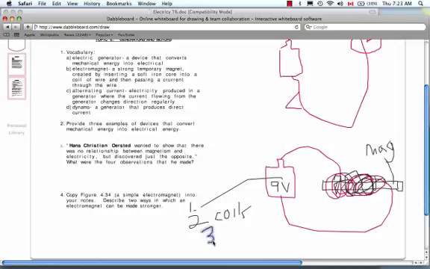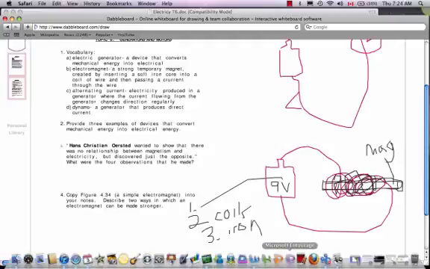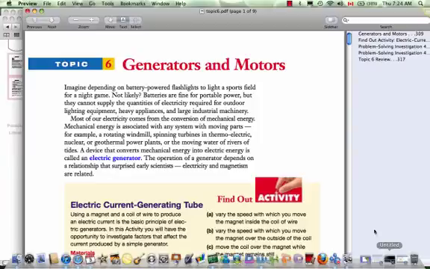And number 3, a third way we could make it stronger is all sorts of different cores work, but a small iron core is best. And so make your core iron. And so those are 3 ways to strengthen our electromagnet.